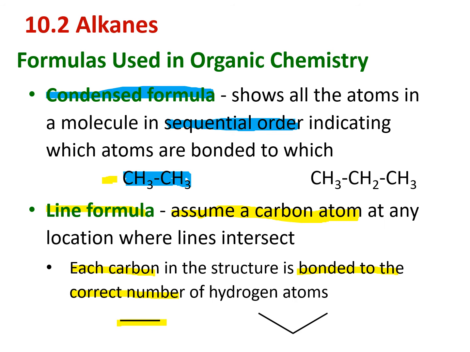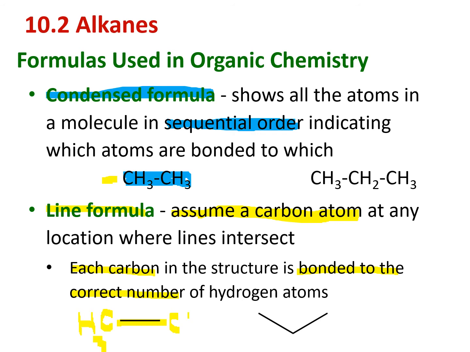At one end of the line, we have assumed that a carbon is present on this side and also on this side. And we have also assumed that there is the correct number of hydrogen atoms bonded with each carbon. Because this bond is a single bond between the two carbons, and each carbon has to make 4 bonds, there must be 3 hydrogens present here as well.